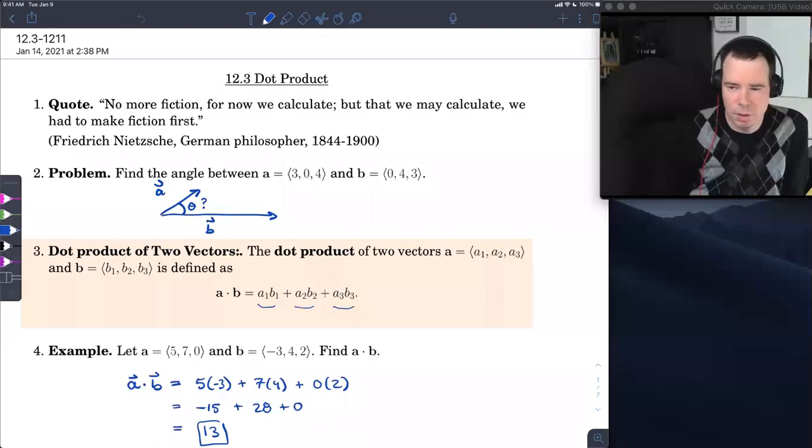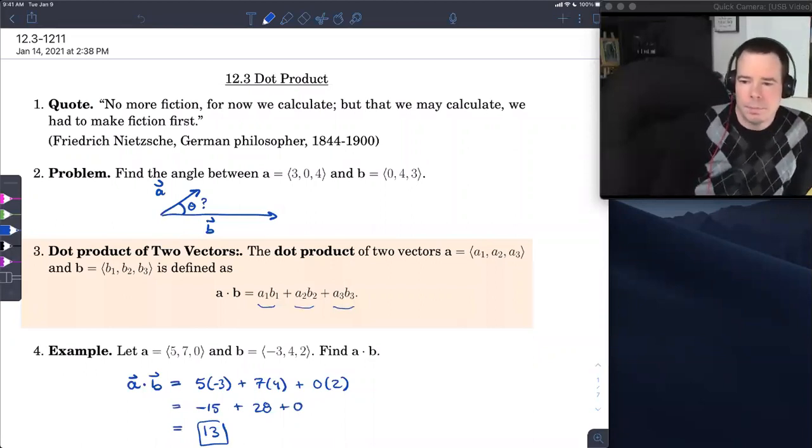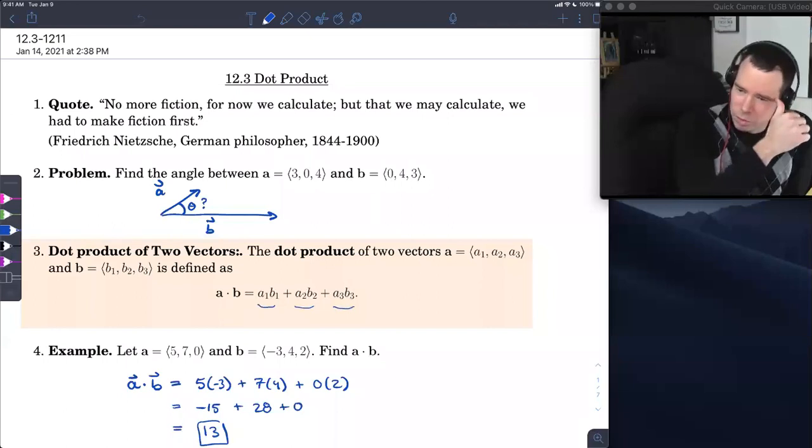So that's lecture 12.4. Where we got to last day was we started with this motivating problem of finding the angle between two vectors, A and B. There's just two arbitrary vectors sketched there.